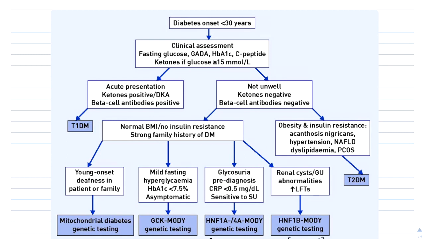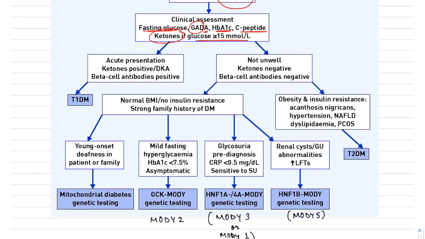If the patient presents with diabetes and is less than 30 years of age, we'll do a clinical assessment, that is we measure the plasma glucose, glutamic acid decarboxylase autoantibodies, the HbA1c, and the C-peptide levels, and if the glucose is more than 15 millimoles, we always measure the ketones also.